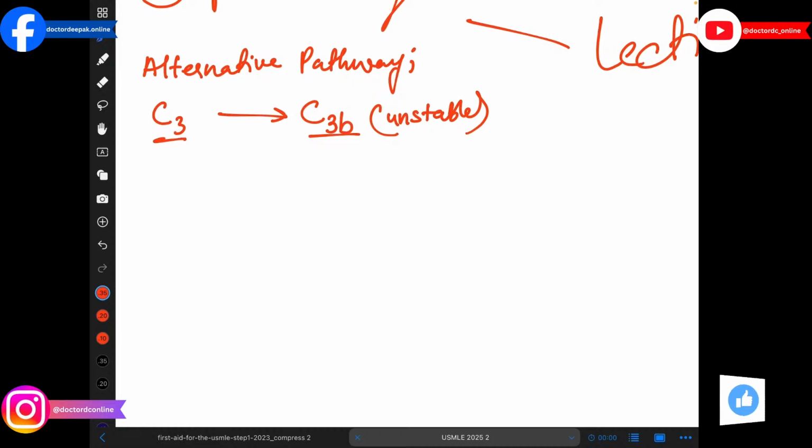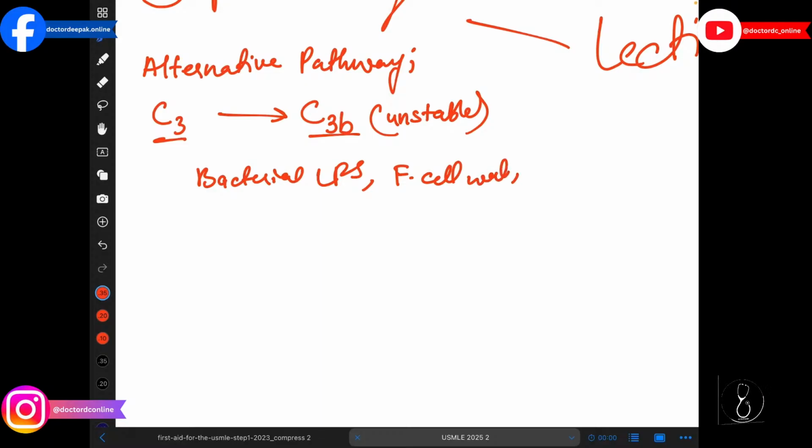And how will it become stable? It can be stabilized by bacterial lipopolysaccharides, LPS, by the fungal cell wall, and by viral envelopes. There, C3b binds amino and hydroxyl groups commonly found on the surface of pathogens.